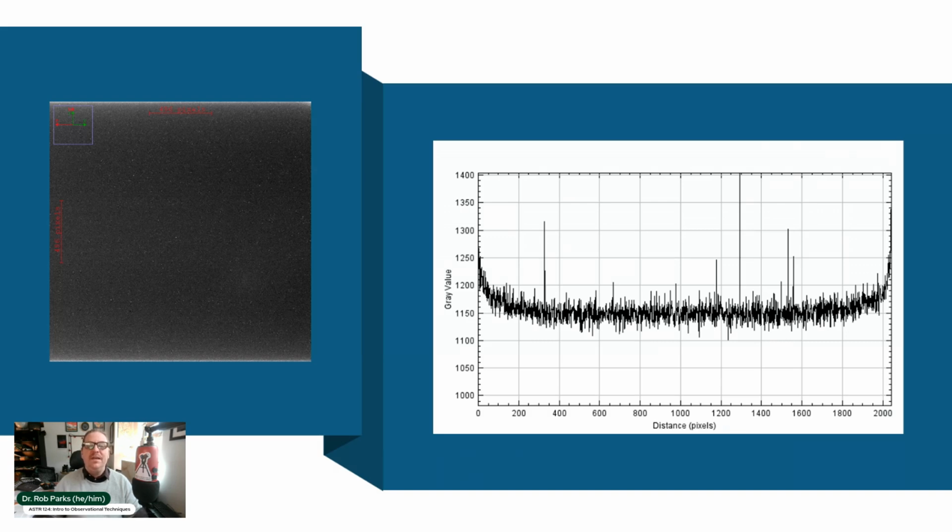Effectively, what you're seeing is the effect of the pixels here having electrons in them longer because of this download process. You get an accumulation of dark current over here. Now, this on the bottom here, which is much steeper, I believe is due to light leakage.